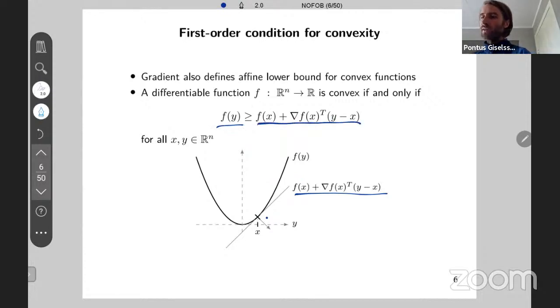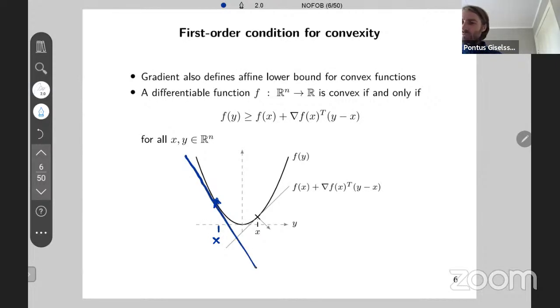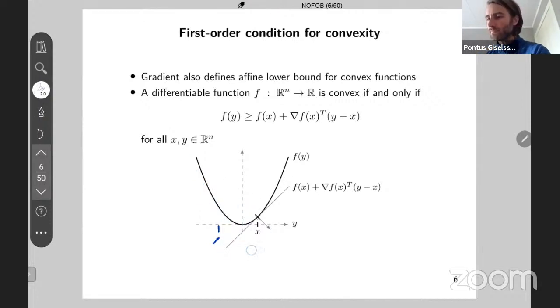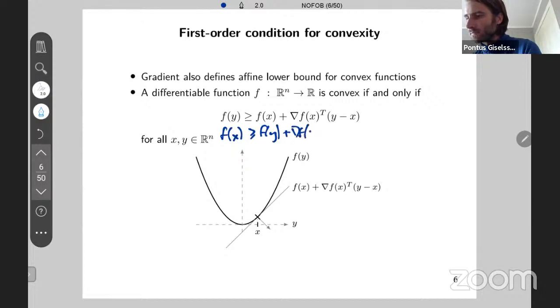And this holds for all x and y. So we can linearize at some other point x. We can pick this point x here. Then they touch at this point. We get a linear function like that touches the function at x and is below or on the function everywhere. So if we just change the order of x and y, then this must also hold.